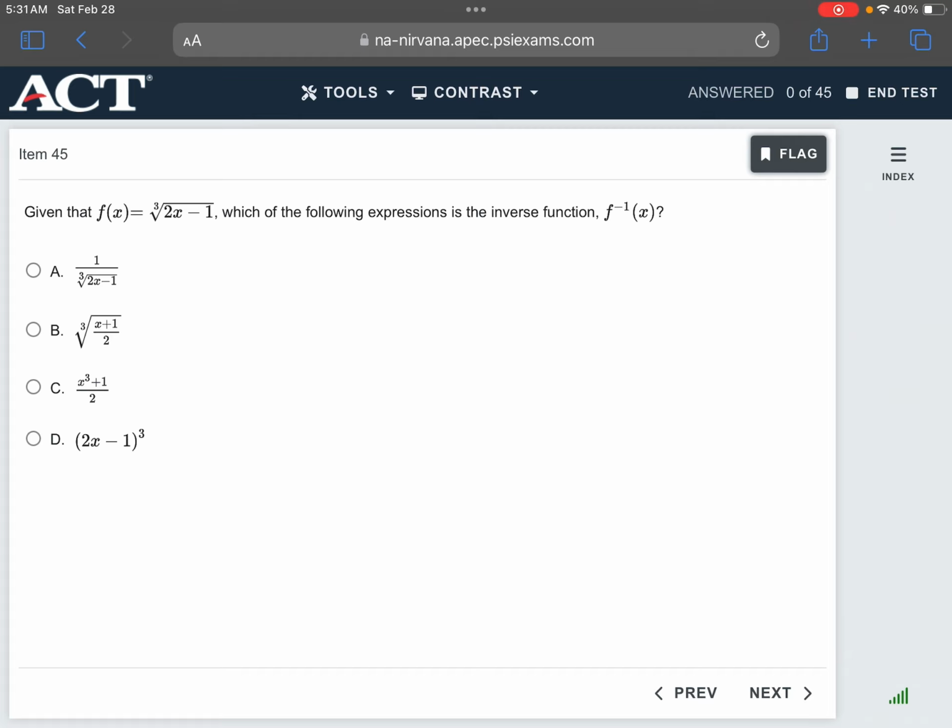So for this one today, Desmos isn't going to really do us much good. It can help if we understand the relationship between inverse functions, meaning that the inputs for the original function become outputs in the inverse, and vice versa. The outputs of the original become inputs for the inverse. So we could graph it and look for a graph that lines up that way, with our inputs and outputs flipped.